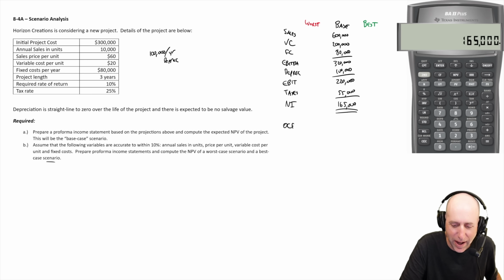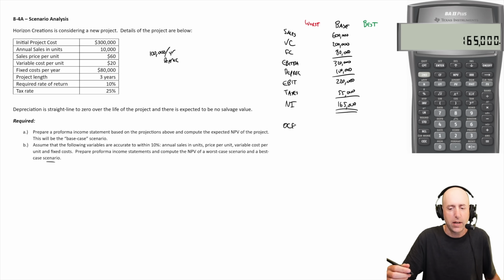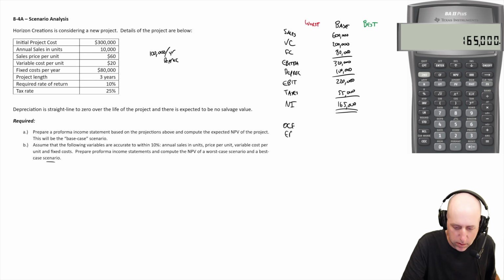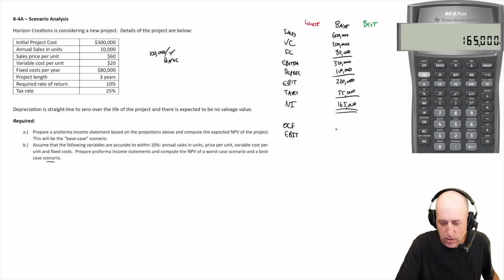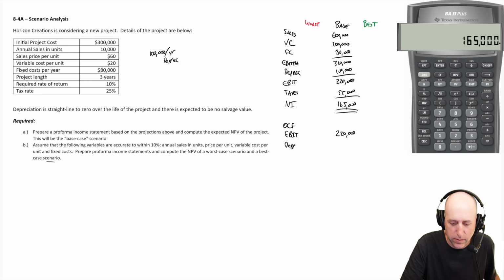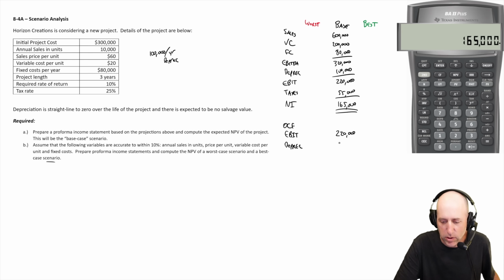Our operating cash flow. We'll do this the standard method. You start with EBIT, 220. You add back your depreciation, because of course depreciation is a non-cash item that went into EBIT, which is 100,000.